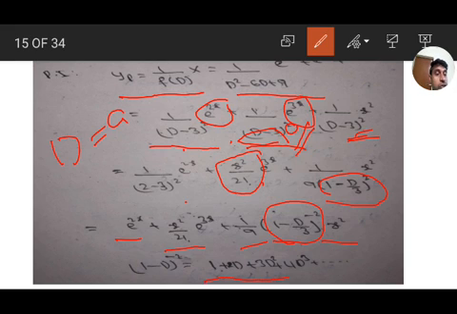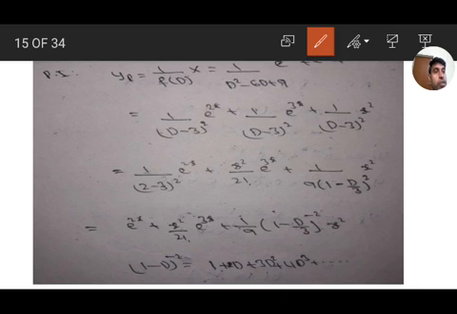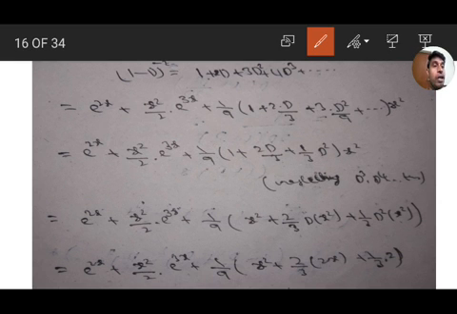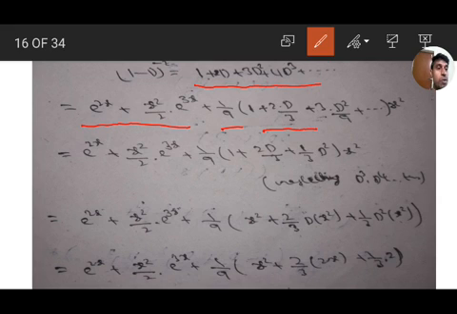The expansion is 1 + 2D + 3D² + 4D³ + ... Then we get e^(2x) + (x²/2) e^(3x) + (1/9)[1 + 2(D/3) + 3(D²/9) + ...] x².